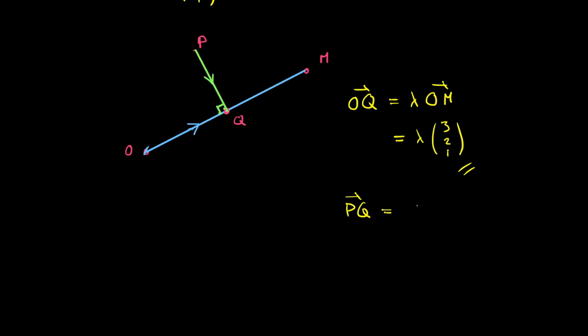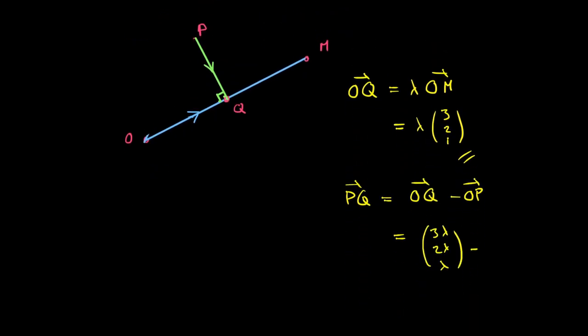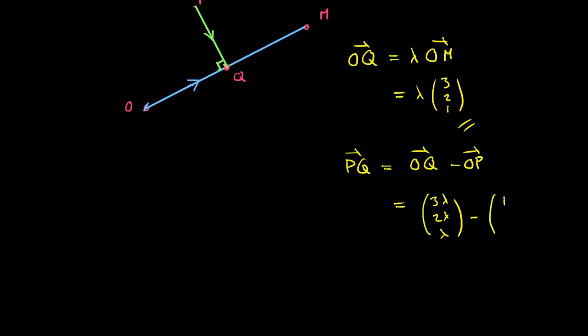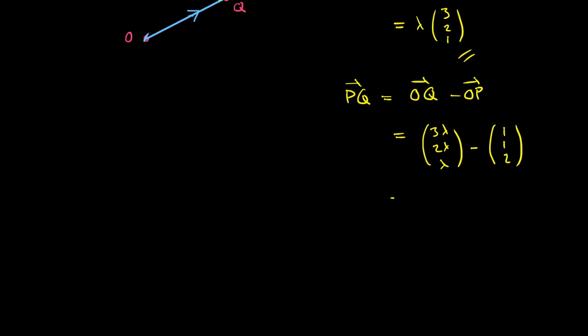PQ will be the vector OQ minus the vector OP. And OQ, we've said, is (3 lambda, 2 lambda, 1 lambda), minus OP, which is (1, 1, 2). So if we put that all together, that's going to be (3 lambda minus 1, 2 lambda minus 1, and lambda minus 2). That's the vector PQ.